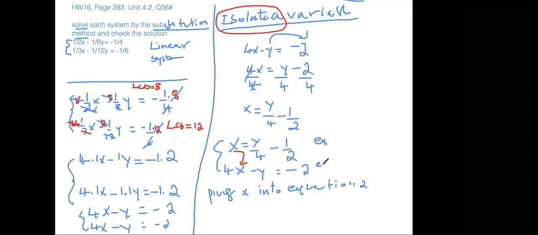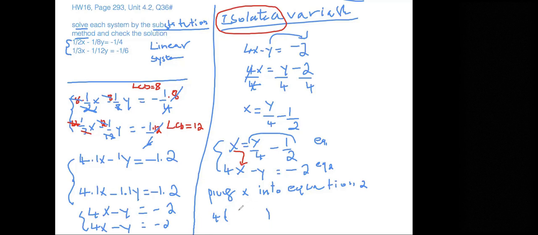This is, of course, equation 2. So now let's take equation 2, and this is the variable that we substituted. We're going to plug that into this equation. So it would be 4 times, what is x again? Instead of the x, what do we write? So instead of this x, you're going to substitute it with what x is equal to, which is basically this.